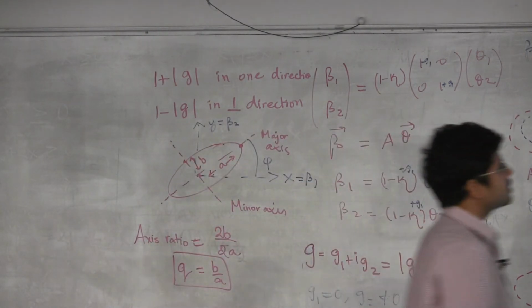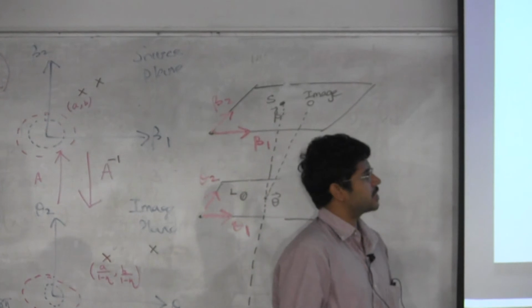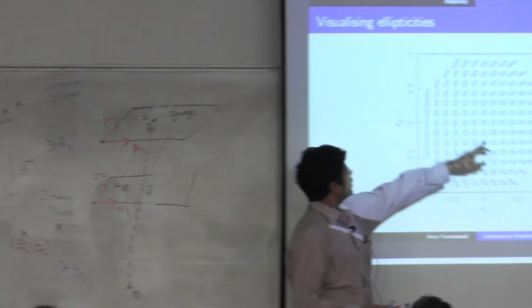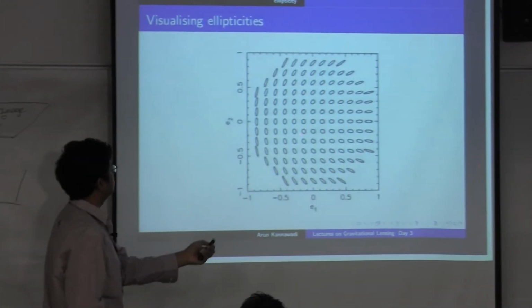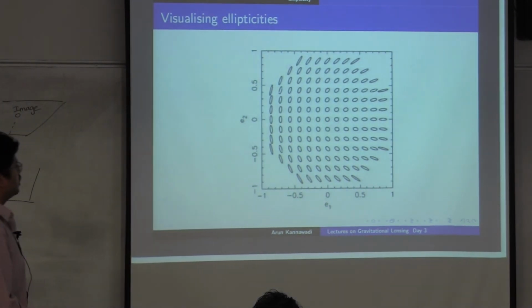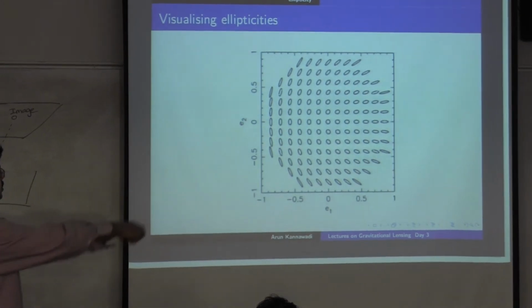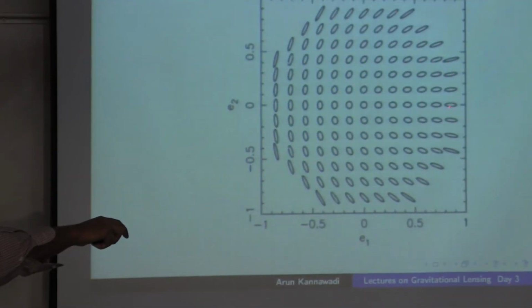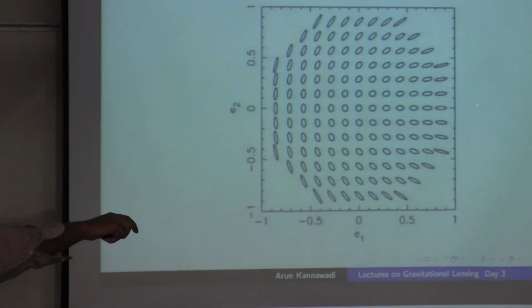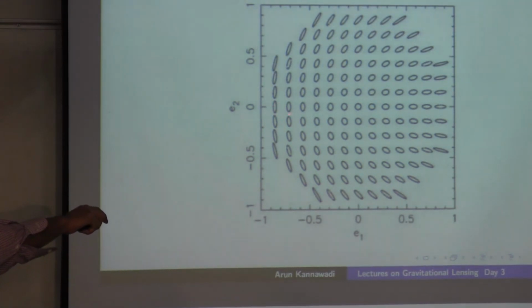So this is to give you a picture of how different values of E1 and E2 correspond to different shapes. If E1 and E2 are 0, at this point, then it's a perfect circle. If E2 remains 0 and E1 is positive, then you have an ellipse stretched along the horizontal direction. If E2 remains 0 and E1 is negative, then you have it stretched along the vertical direction.